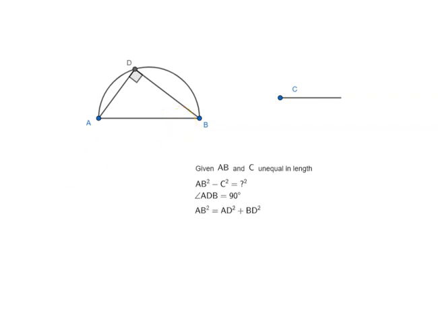So, which means AB square, which is the hypotenuse, is equal to AD square plus BD square. If we move it around, we get AB square minus AD square is equal to BD square. So, which means AB square minus C square is equal to BD square. So, the third side of this triangle will give us the answer to this question.